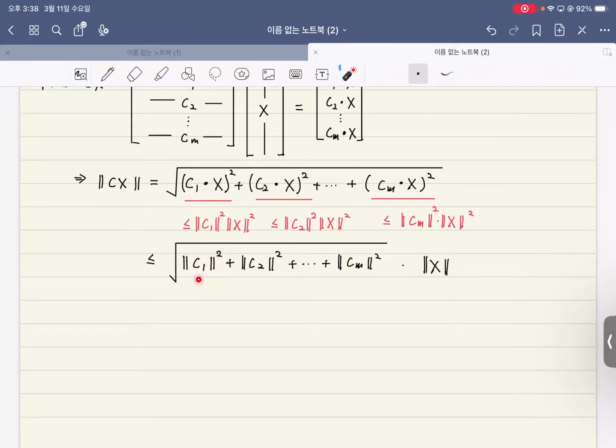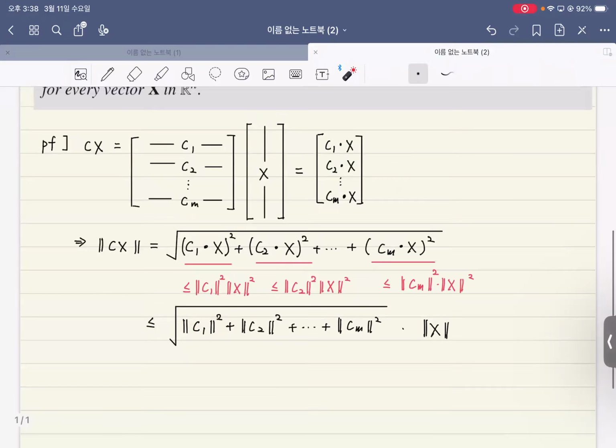And what is this? C1 squared is nothing but the sum of squares of every entry of the first row vector C1, and C2 squared is the sum of squares of every entry of the row vector C2. So C1 squared plus C2 squared plus Cm squared is the sum of the squares of every single entry of this matrix C, right?